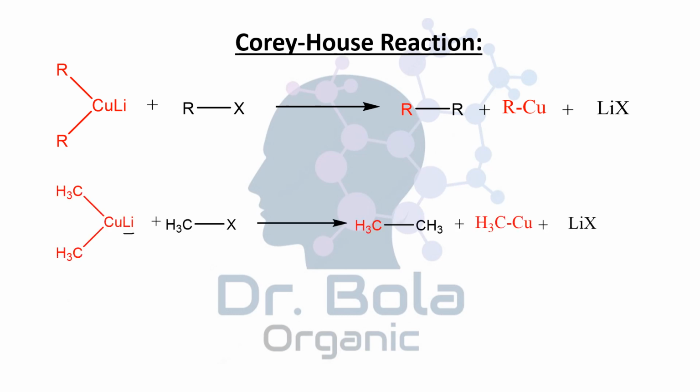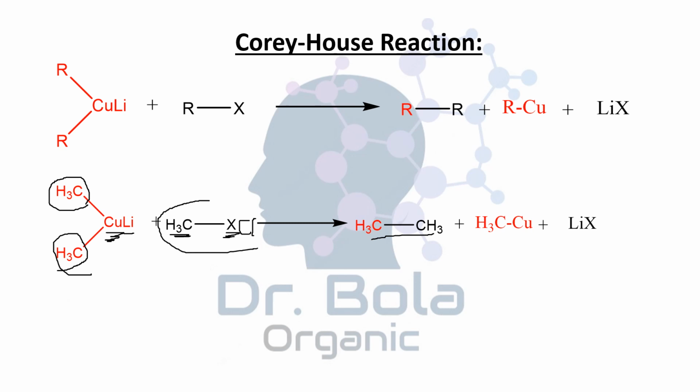Here we react lithium dimethyl copper with methyl halide. And as we agreed before, this halide can be chloride or bromide or any halogen to produce ethane. So let's notice something here.